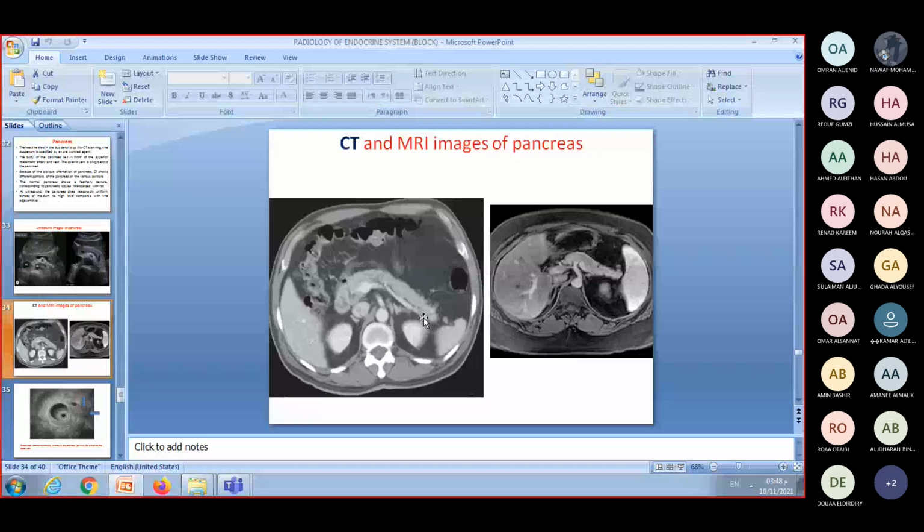And what is this? Spleen. Running here, this vessel, is the splenic vein. The pancreas is located anterior to the splenic vein, the superior mesenteric artery, and the superior mesenteric vein also. The superior mesenteric vein joins the splenic vein to form this portal vein.